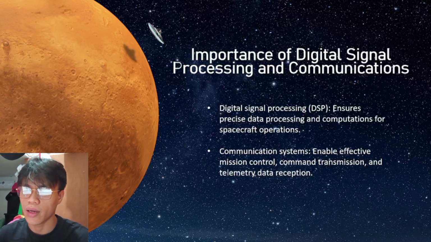DSP makes sure that the signals sent between the spaceship and Earth are of the highest quality, which is important in the expanse of space where dependable communication is essential. It reduces noise and improves signal clarity, making it possible to collect important scientific data from the spacecraft's instruments.